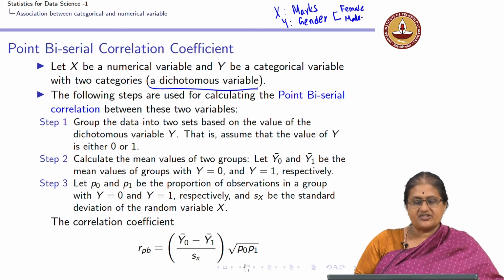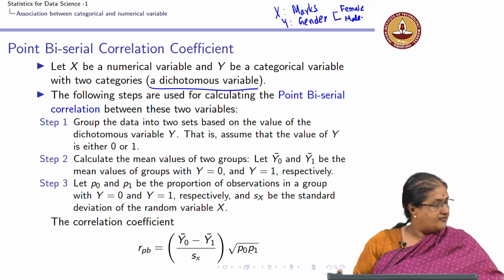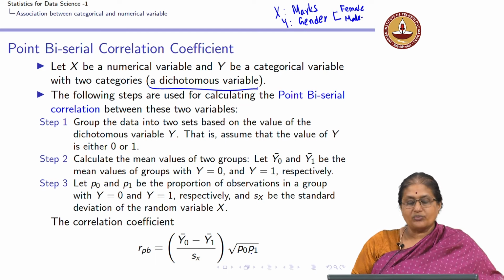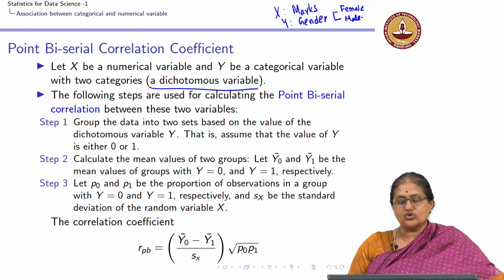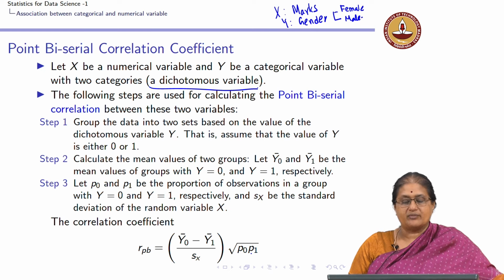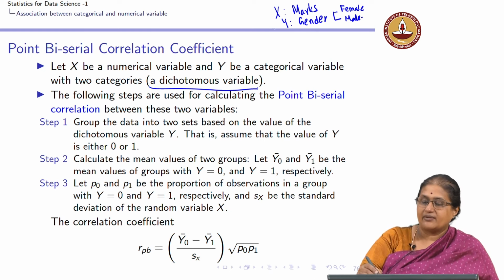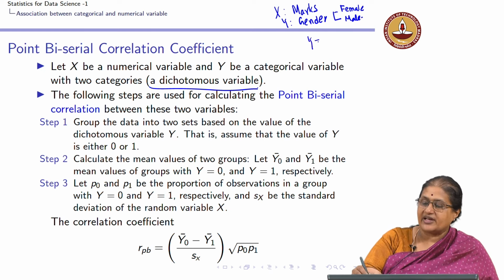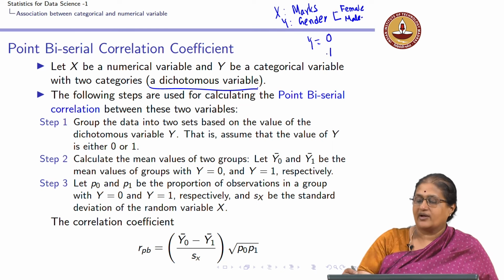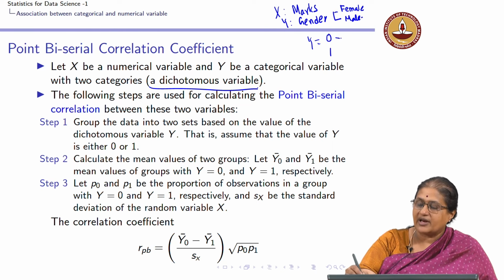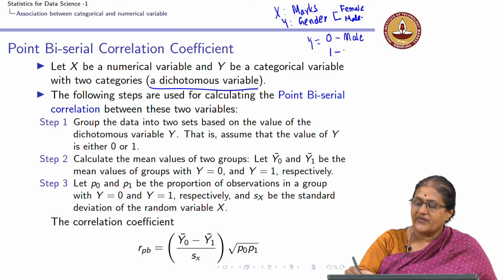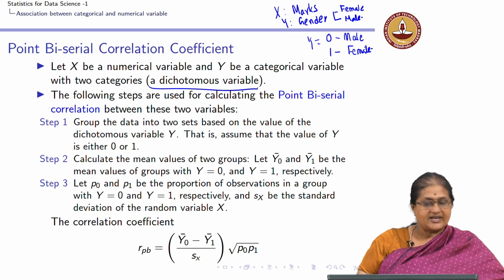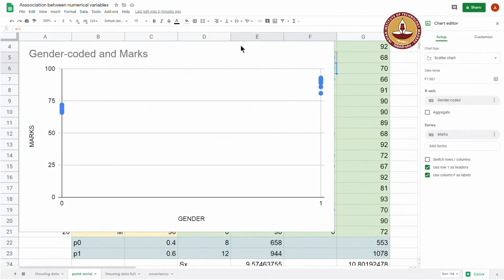The first thing which we do is the following. We group the data into 2 sets based on the value of the dichotomous variable y. That is, y takes a value 0 or 1. Here in my example, y takes the value 0 if the gender is male and y takes the value 1 if the gender is female, and that is how I have coded my data.